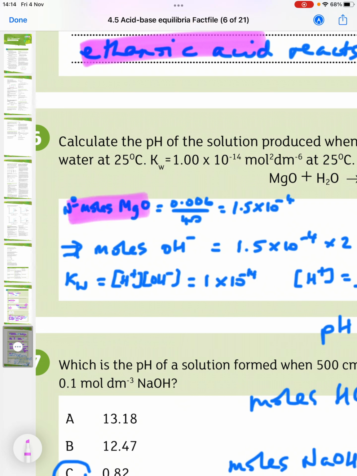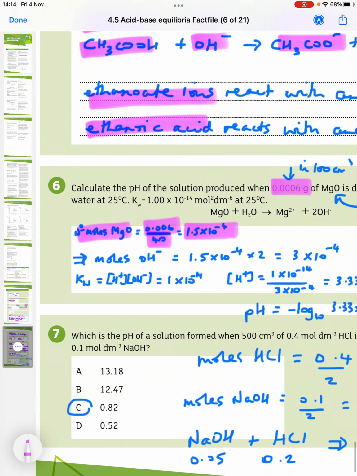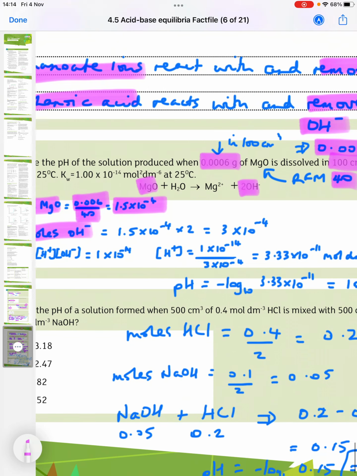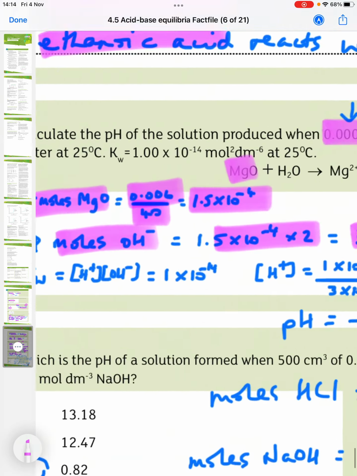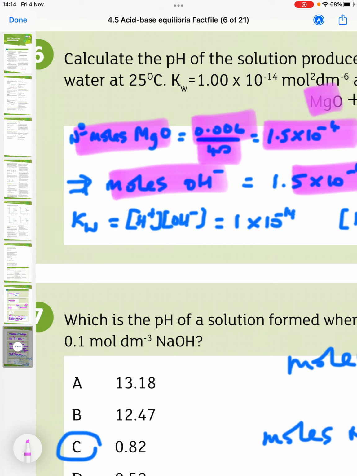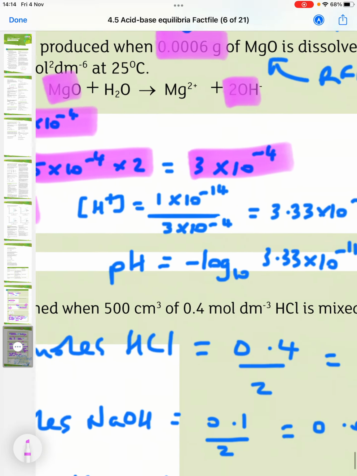So the number of moles of magnesium oxide, 0.006 divided by 40 is 1.5 by 10 to the minus 4. Now looking at this balanced equation, 1 mole of magnesium oxide gives us 2 of the hydroxide ions. So the number of moles of hydroxide ion is the answer from the last one times 2, which is 3 by 10 to the minus 4. Then we can put this all into the equation. Kw is the concentration of the hydrogen ion times the hydroxide ion, which is 1 times 10 to the minus 14.